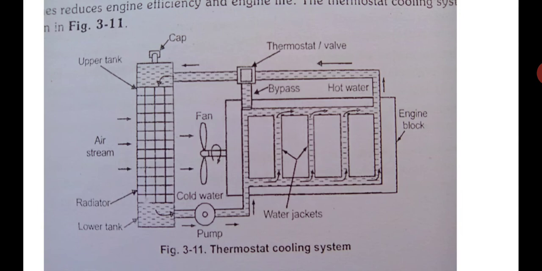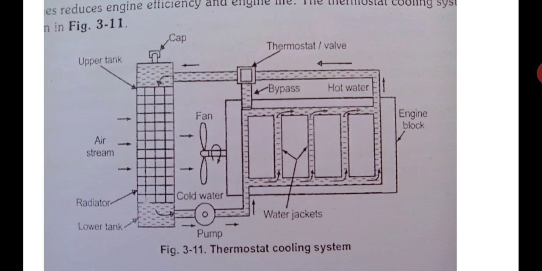When you start the engine, initially the pump is also not working, and only the water which is flowing here is inside the engine block. This thermostat valve will close and there is a bypass, so this hot water will come back to the engine. So the engine water will become hot and go to the top due to the temperature difference. But again, because the thermostat valve is closed, due to the bypass the engine water will come back to the engine block, and thus the engine block will become hot, and we are able to start the engine fast.